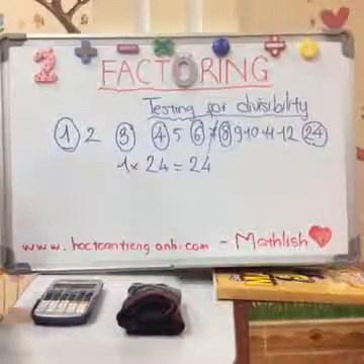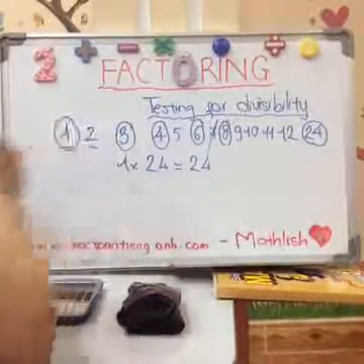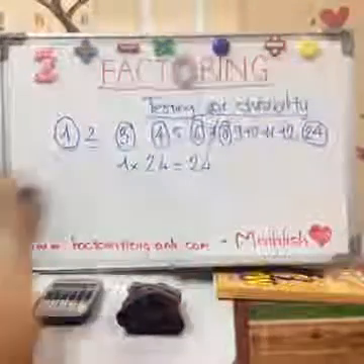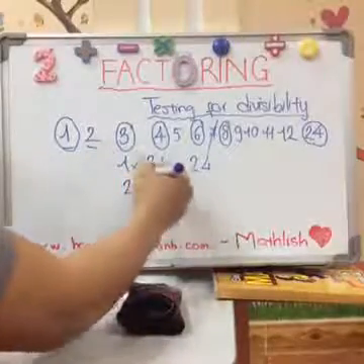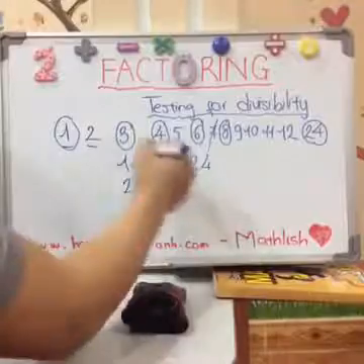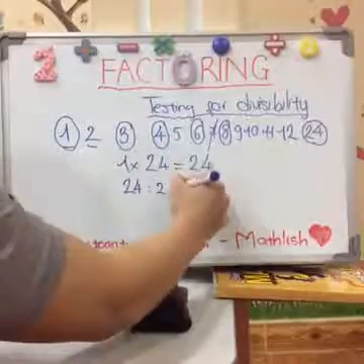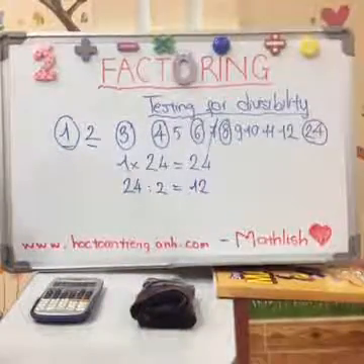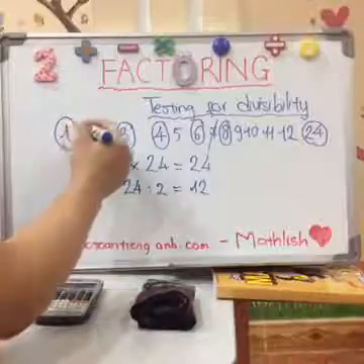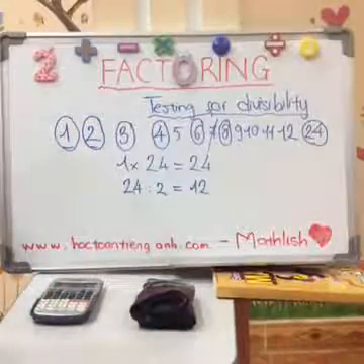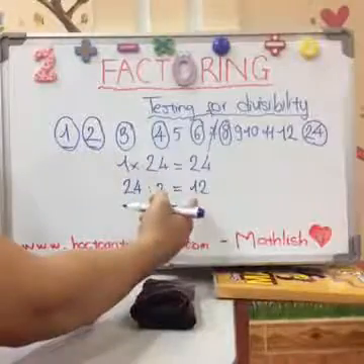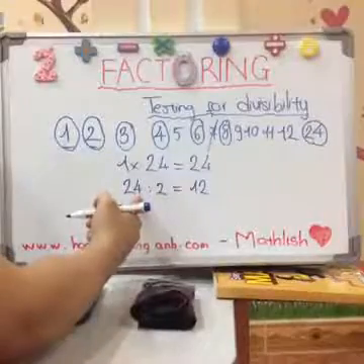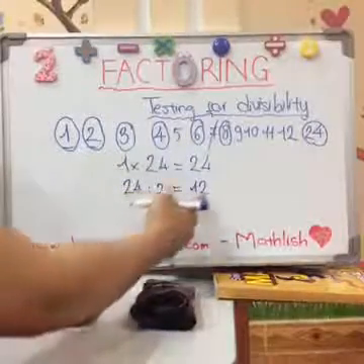Now, let's move on and test the number 2. If we divide 24 by 2, we get 12. So yes, 2 is a factor, because it divided evenly. You can factor 24 into 2 times 12.